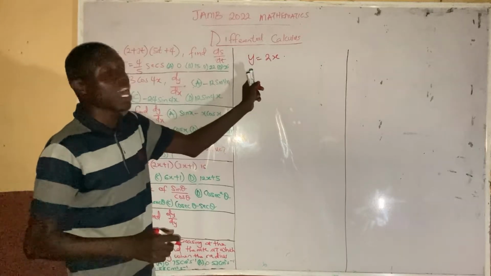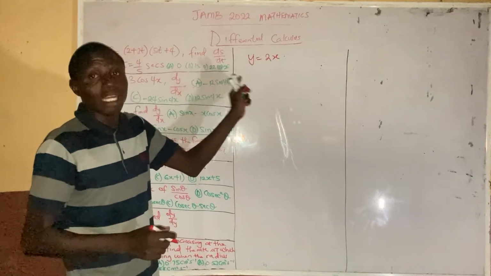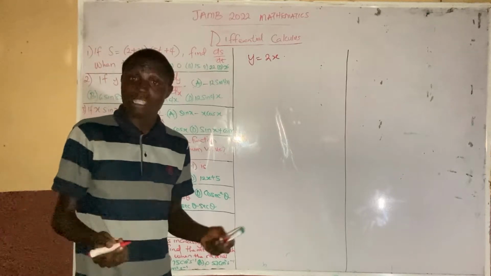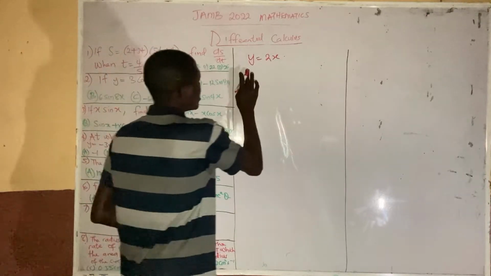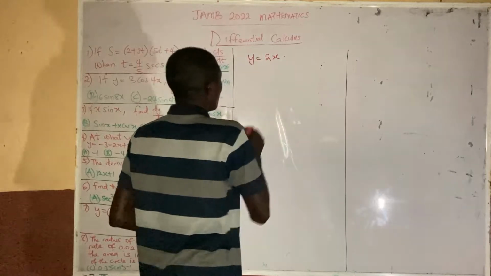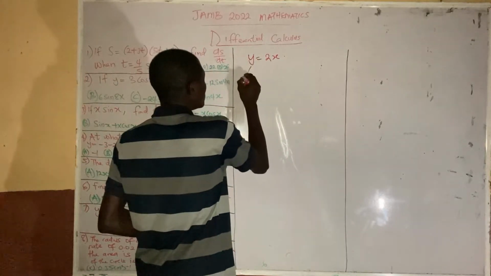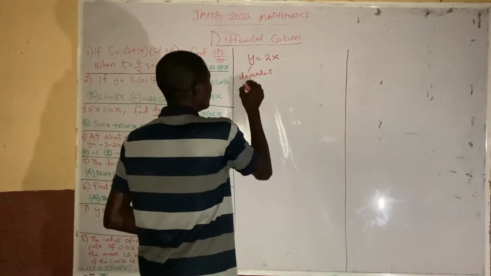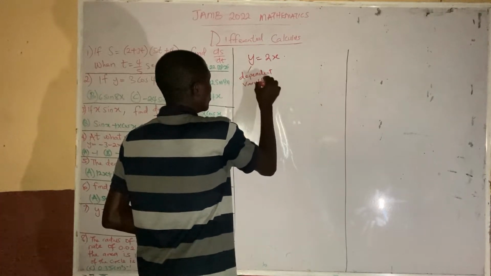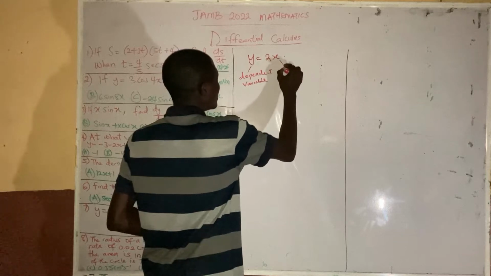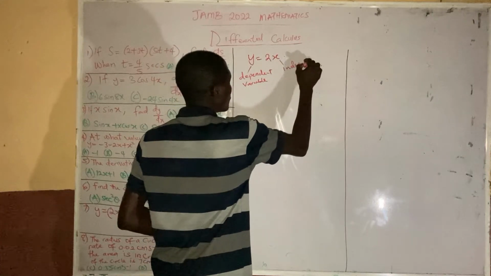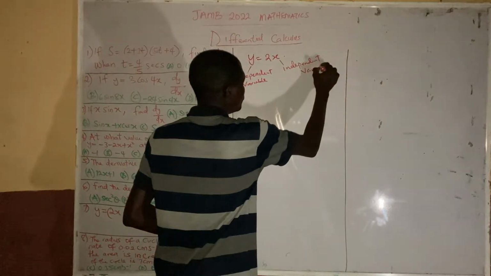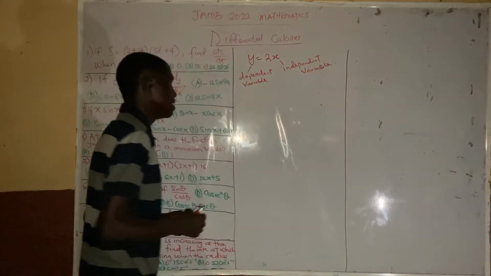The variables are the two letters, and each letter can represent any number. So we have y and x, but y here is called the dependent variable, and this x here is called the independent variable.